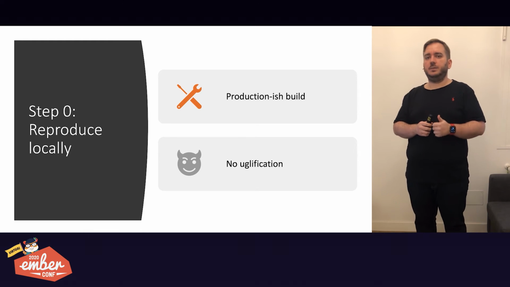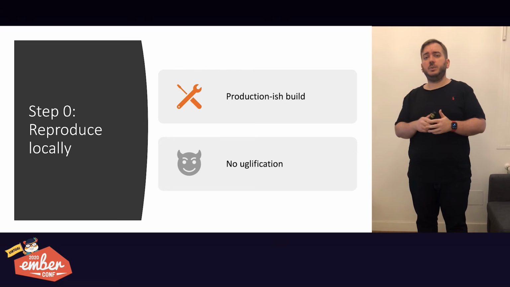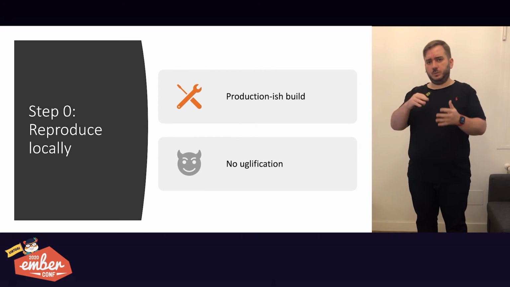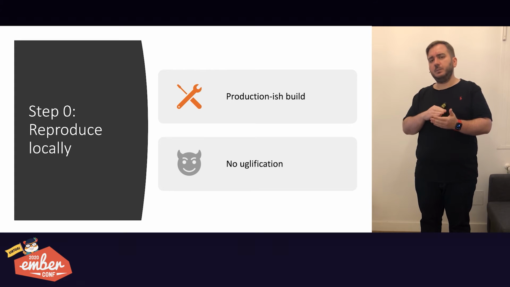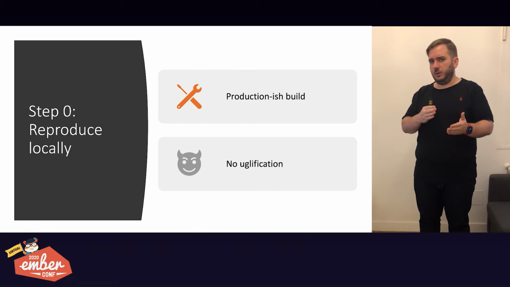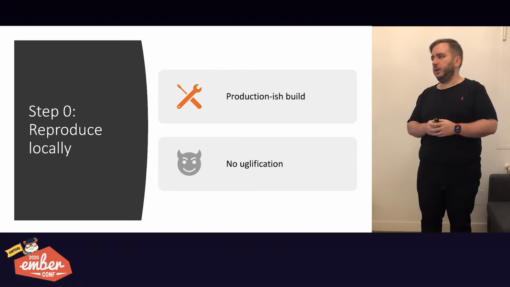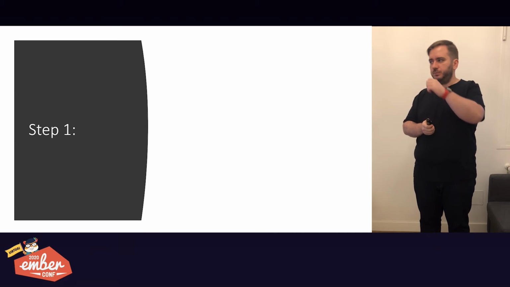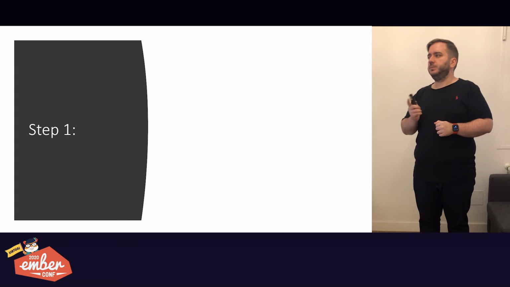And one big change that really needs to be done is no uglification. That's because in the panel we saw before, in the heap snapshot profile, the name of the objects would be there. But what if your object has no name, like a simple POJO you were passing? Well, we have a snippet for that later.